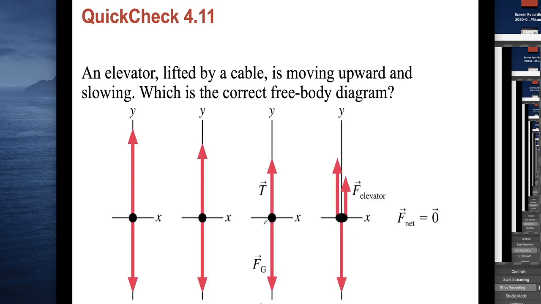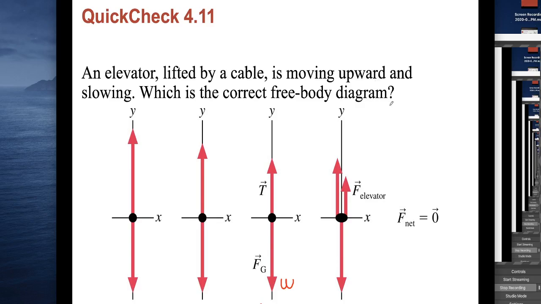The correct answer is C, because in this situation you will only have 2 forces. The first one is Fg, or more generally, we call it weight. Another force is the cable, which is lifting the elevator. But the difference between A and C is that it's moving upward and it's slowing.